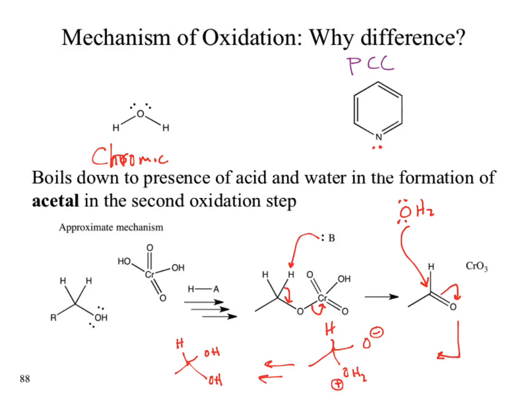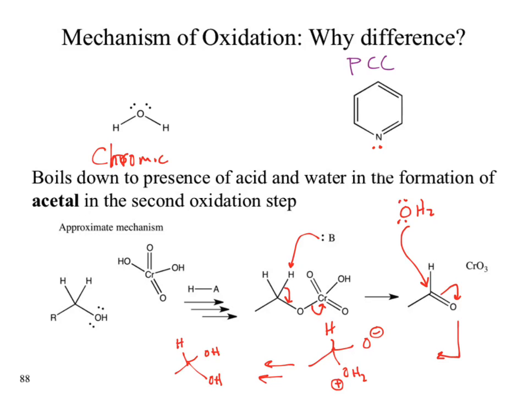Diols, and ultimately an alcohol. What reacted with chromic acid? An alcohol. In the presence of water, water will react with the aldehyde to form the acetal. The acetal is now an alcohol, which can be oxidized by chromium.